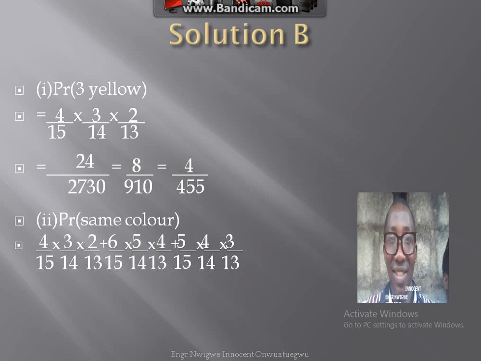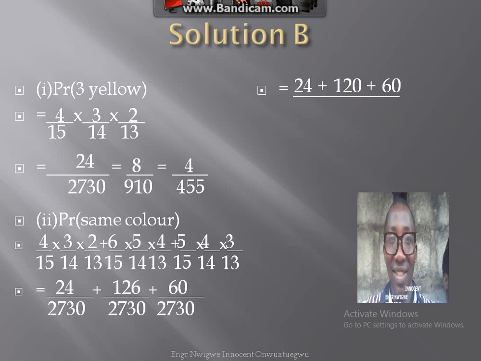So if we do a multiplication, we have 24 over 2730 plus 126 over 2730 plus 60 over 2730, which equals 24 plus 120 plus 60 all over 2730, which will give us 204 over 2730, which will give us 68 over 910.